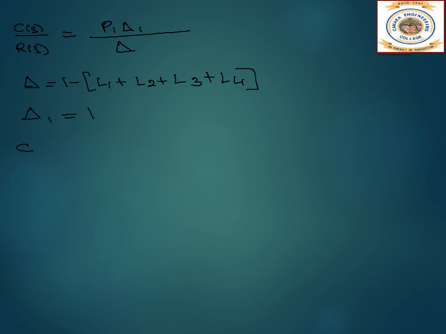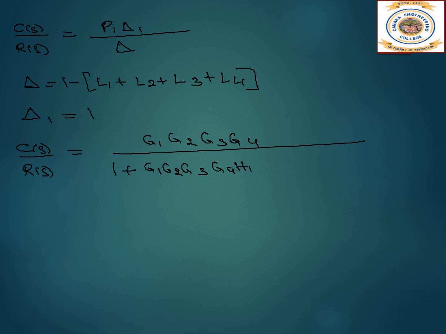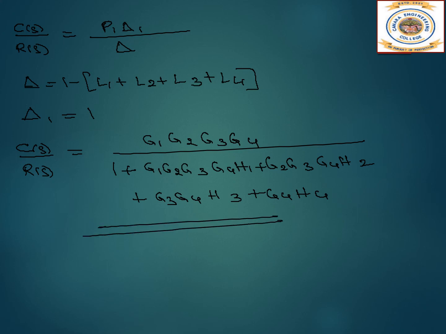So now substituting, C of S by R of S equals P1, which is G1, G2, G3, G4, whole divided by 1 plus G1, G2, G3, G4 H1 plus G2, G3, G4 H2 plus G3, G4 H3 plus G4 H4. This is the final answer.